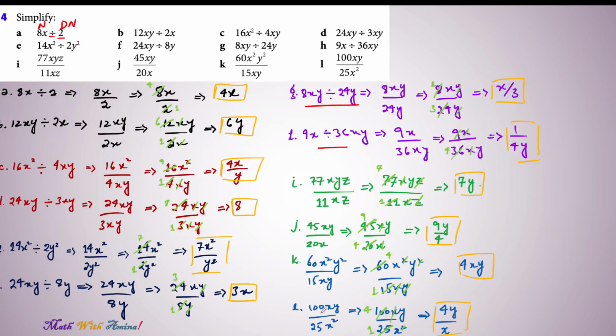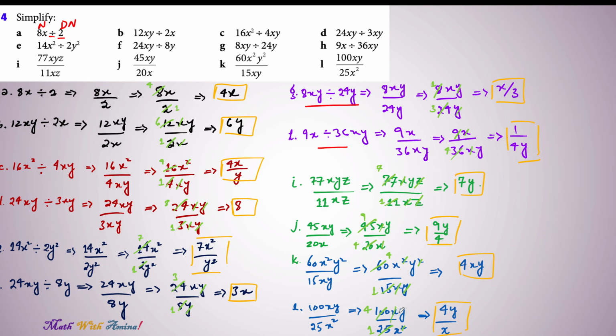The last one is 100xy over 25x square. So we will look into the numbers first. 25 multiplied by 1 is equal to 25, and 25 multiplied by 4 is equal to 100. So we will have 4xy over x square.